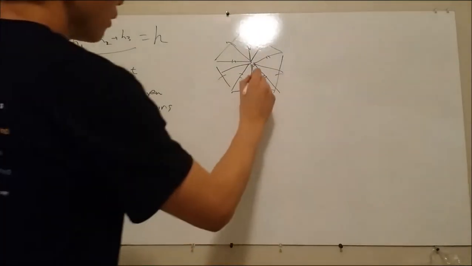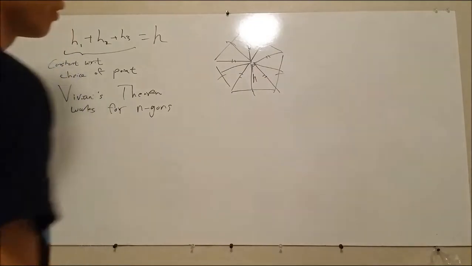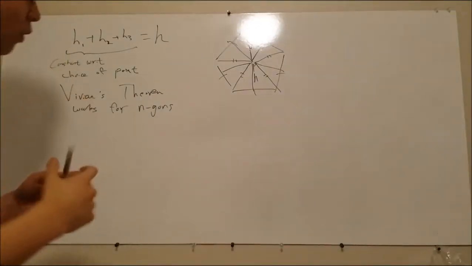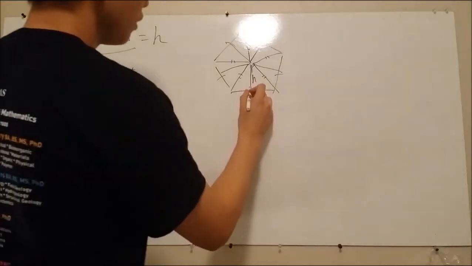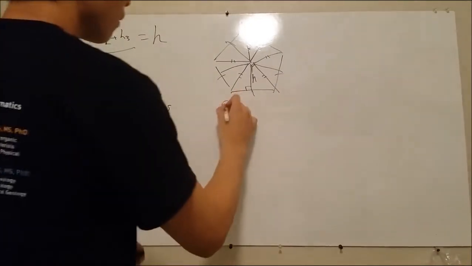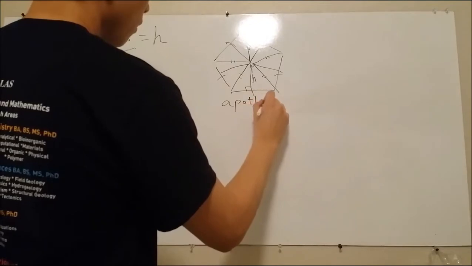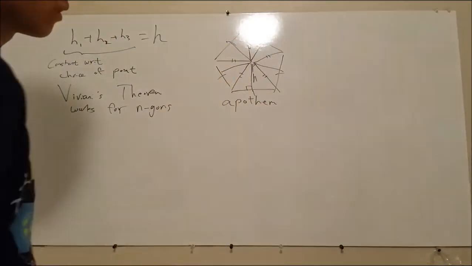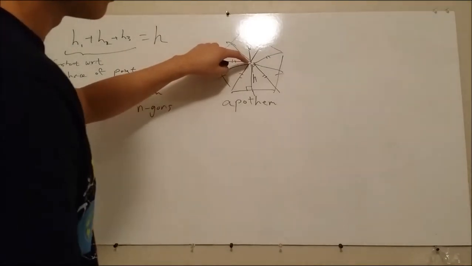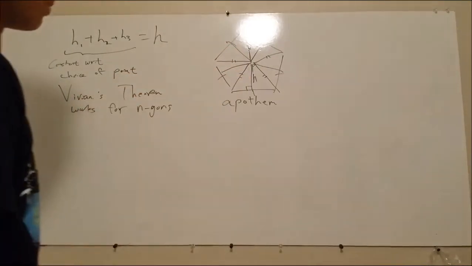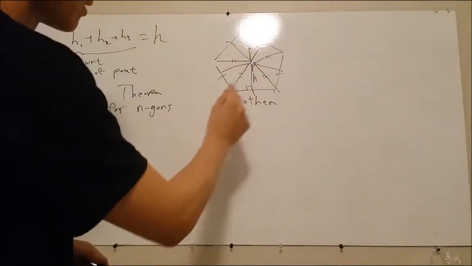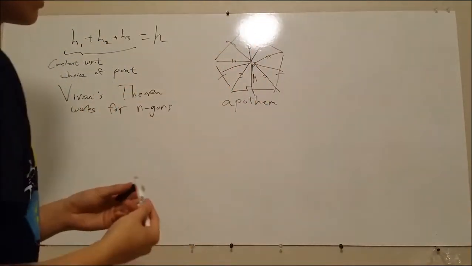So we can label that common number h. This is what is called the apothem of a polygon. It's where you take the center and draw a distance to the opposite side, to any arbitrary side, because since it is the center, it'll be the same.